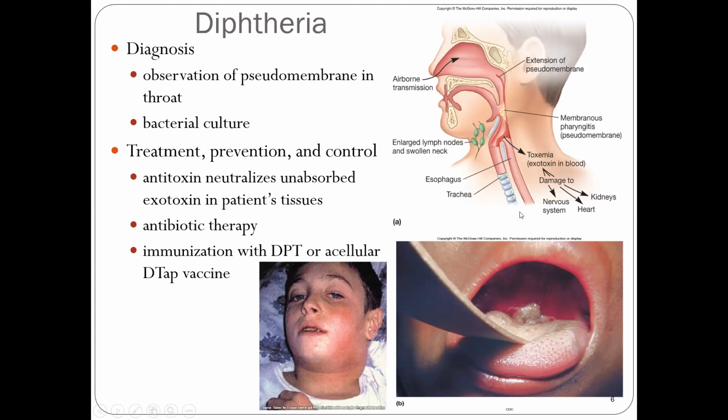This pathogen usually does not happen in the United States, mostly in immigrant kids. The reason is that in the United States we have a vaccine called DTaP: diphtheria, tetanus, acellular pertussis vaccine. And because this is a toxin, when we do the treatment, we need to use antibiotics and antitoxin.